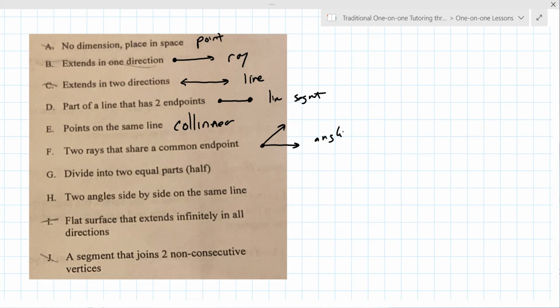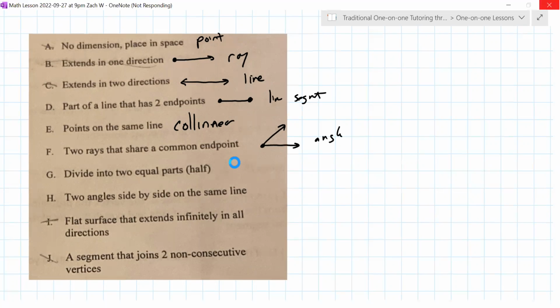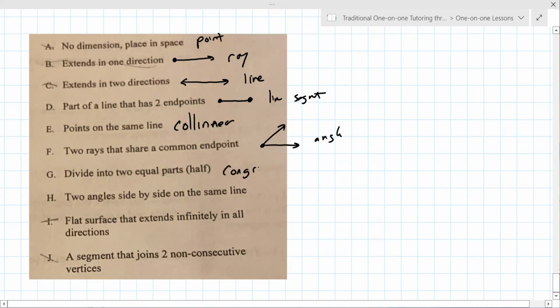And then divide into two equal parts, in half. That's congruent, because they're equal.